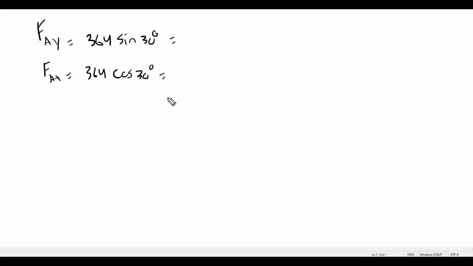And FAY is still technically negative because the direction is below the horizontal, so the y component is going to be negative. That's negative 182 newtons, and 364 cosine 30 is 315.2 newtons.